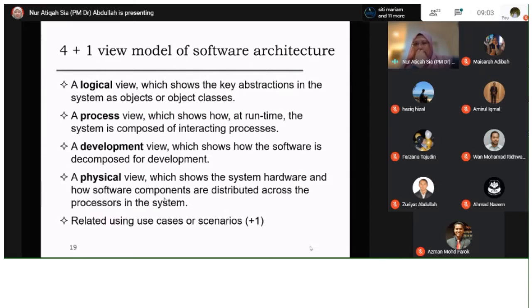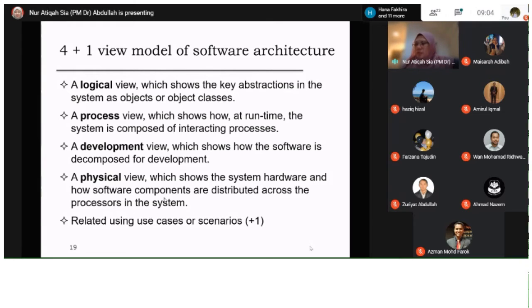This one saya rasa saya very quickly go through disebabkan ini dah cover during previous lecture. So we have a lot of views. We have different perspectives, different views of architecture. So paling terkenal adalah 4+1.